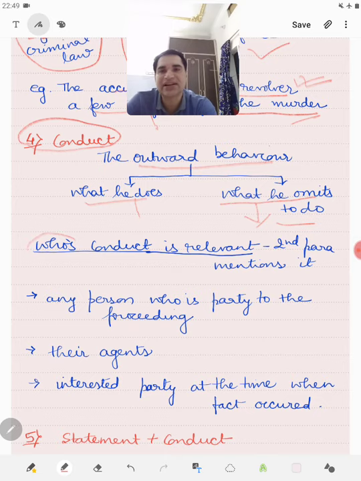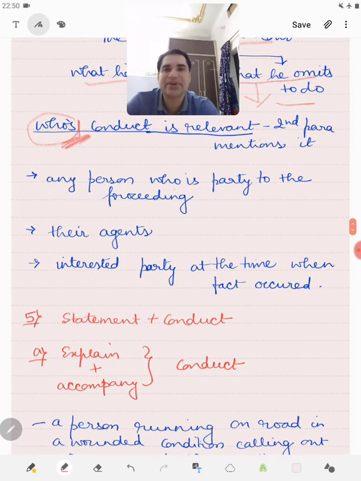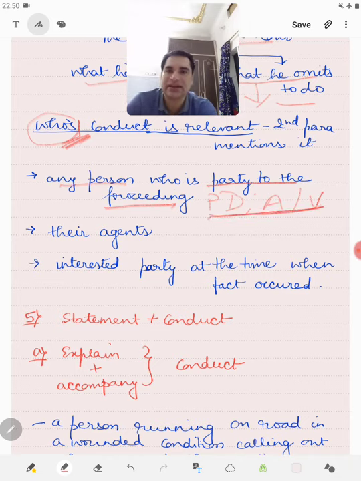Now, whose conduct is relevant? The conduct of every person is not relevant. Under section 8, they have particularly mentioned that only the conduct of certain persons is relevant, and those are any person who is a party to the proceeding, for example, plaintiff, defendant, the accused, the victim. These are all parties to the proceeding, and their conduct will certainly be relevant.